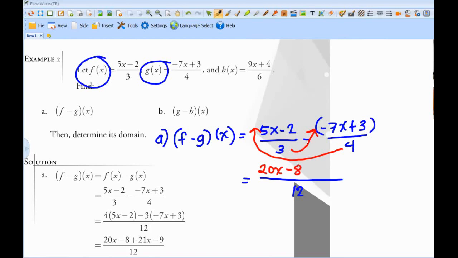3 times negative 7x will become positive 21x. And then 3 times negative 3 will become negative 9, right? So there you have it.